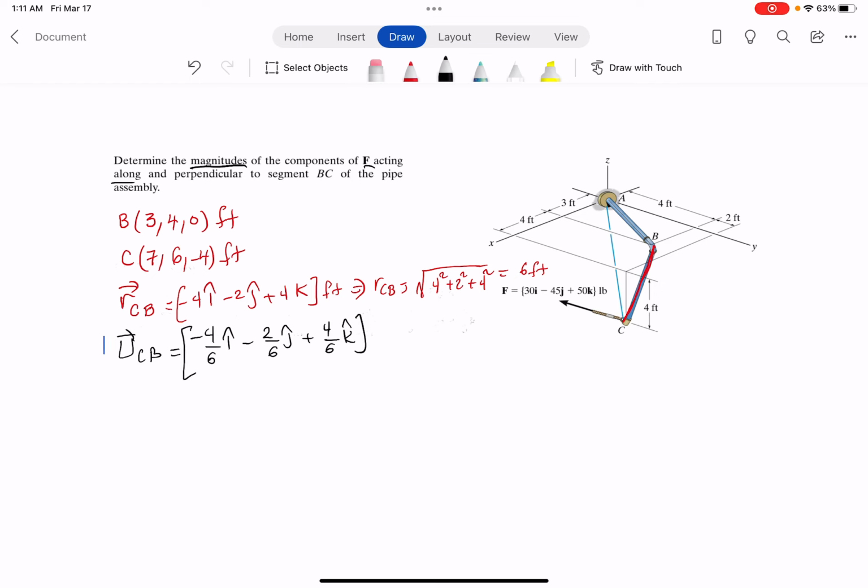Later on, we want to find the component along, parallel. So what do we do? You do the dot product.